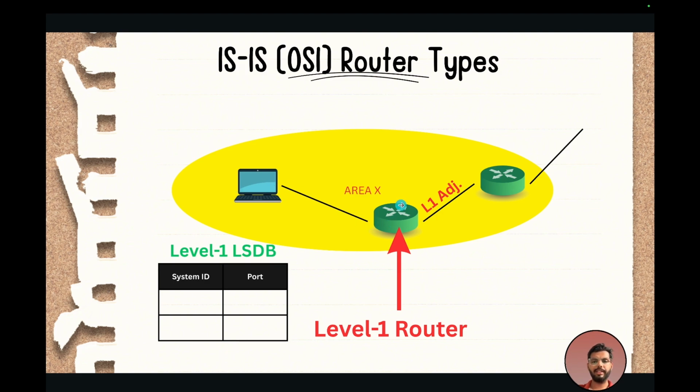That is the level 1 router, and it has only a level 1 LSDB, which is the mapping of system ID with the port.